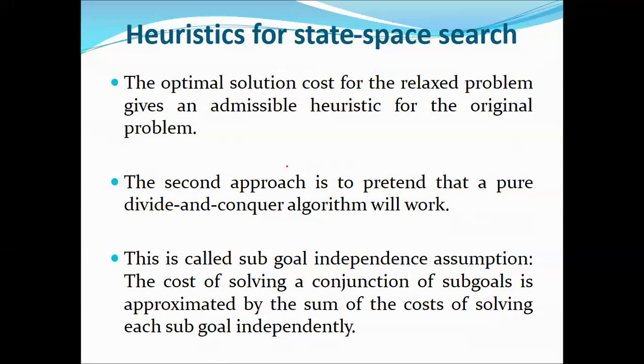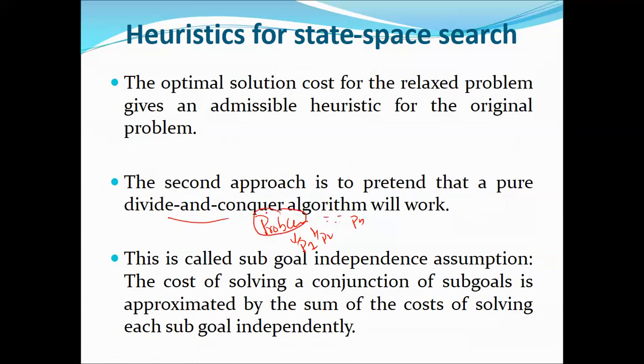And the second method is by performing the divide and conquer technique. That is, divide the problem into several small problems, solve the individual problems and take the sum of that. Okay. So when you divide a big problem into several small problems, these are basically sub goals.